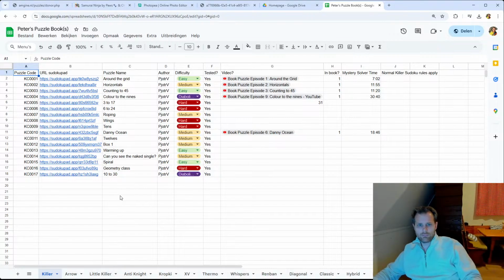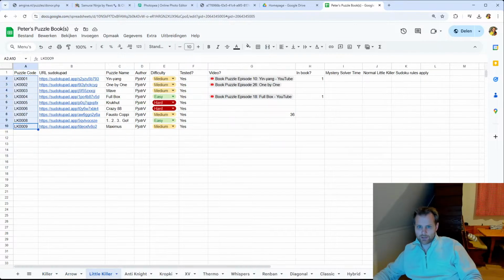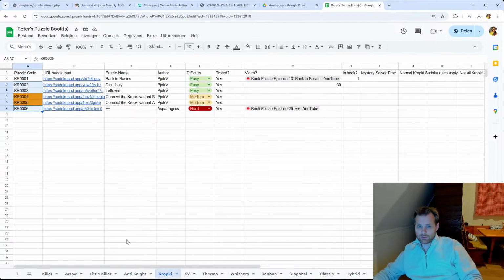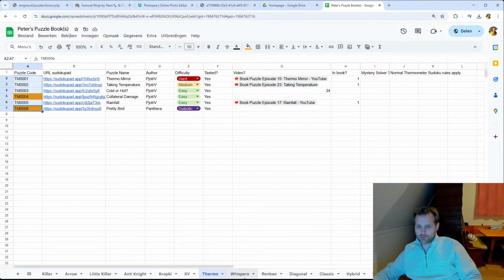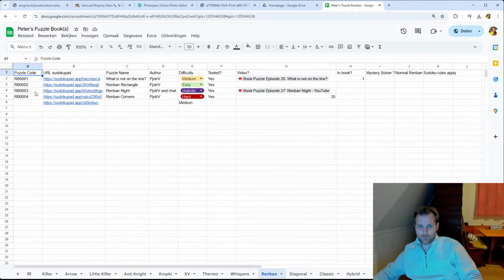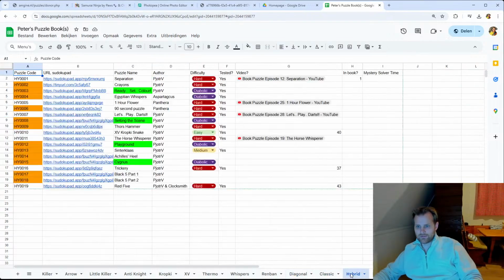Now I have a separate category, the hybrids, but for each of the 10 different variants I want to have around 20 puzzles. For the killer Sudoku I'm almost finished, as you can see. For the arrows I have 11, for the little killers 9, for the anti-knight 7, for the Kropki 6, for the XV only 4, for the thermo 6, for the whispers 5, for the Renban 5, for the diagonal 7, I have 1 classic and 19 hybrids.